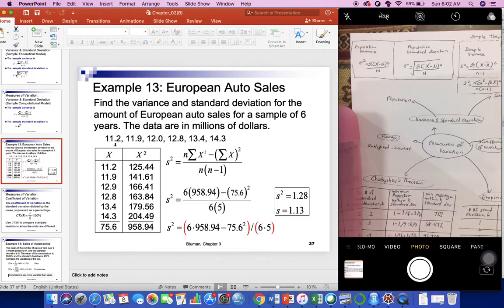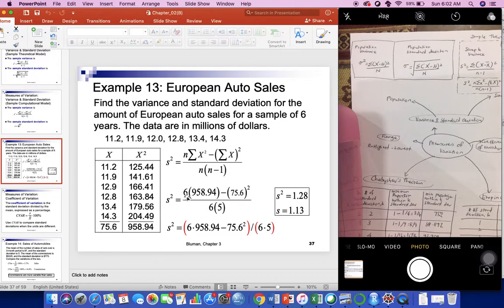We know that the n value is 6, because 1, 2, 3, 4, 5, 6. We have 6 values, so n is 6. So n minus 1, you will get 5 here.